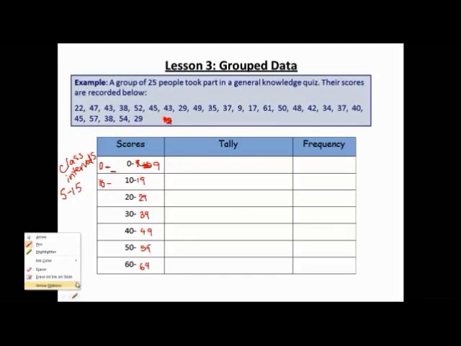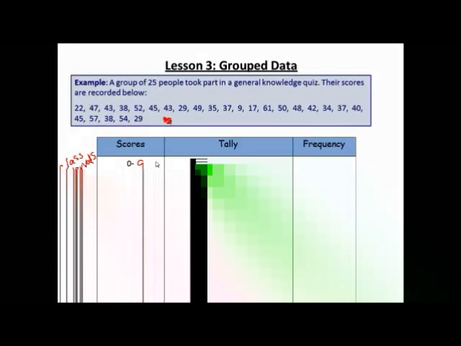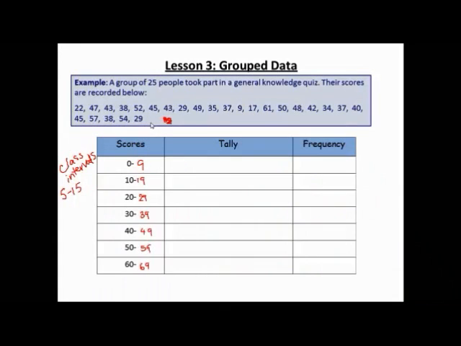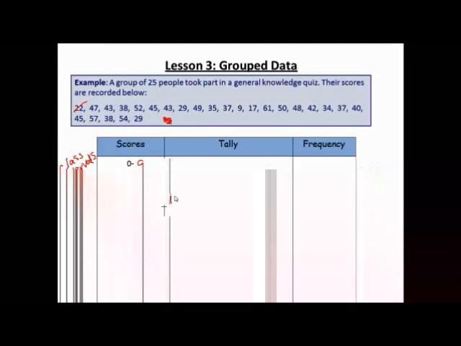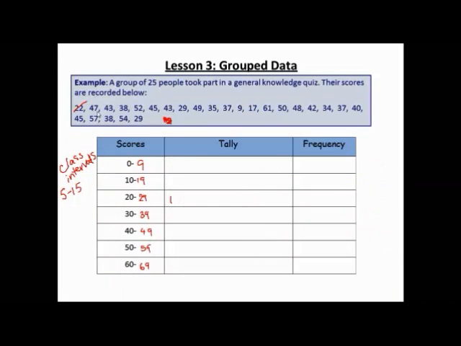Okay, I'm just going to erase a couple of things on here so that we've got a nice clean chart to start with. Okay. Now I'm going to put this data into the tally chart the way I did before. So the first person here is 22, so that would go here in between 20 and 29. 47 would go here, and so on.